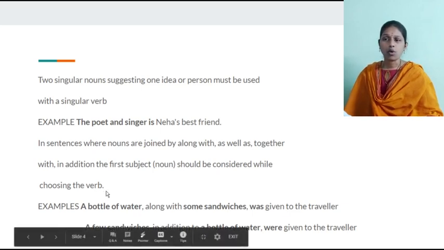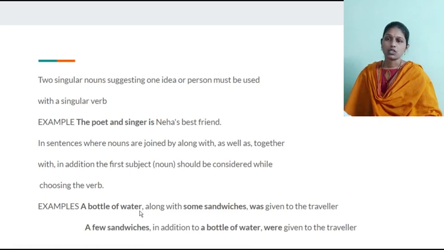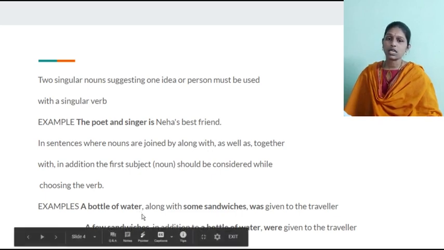A bottle of water along with some sandwiches was given to the traveler. A bottle of water is singular, so we used a singular verb here.